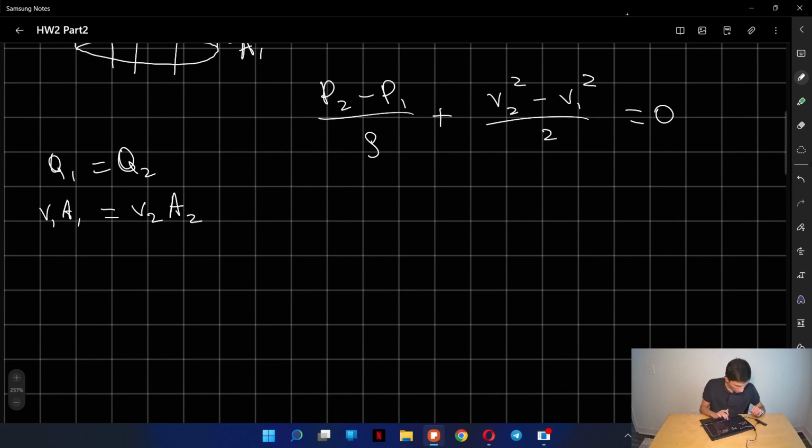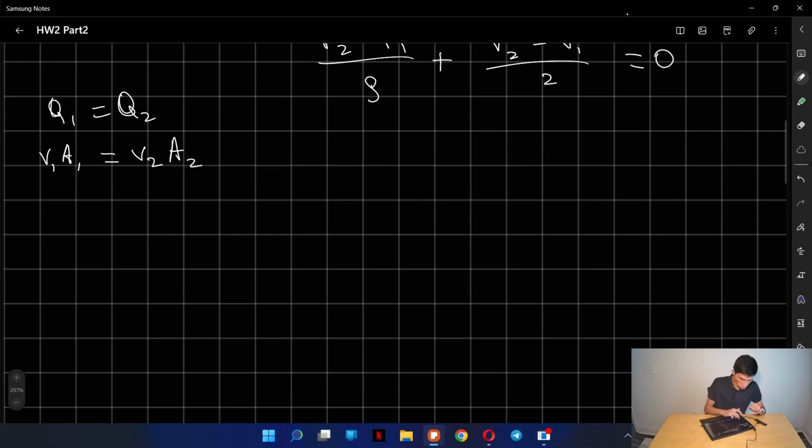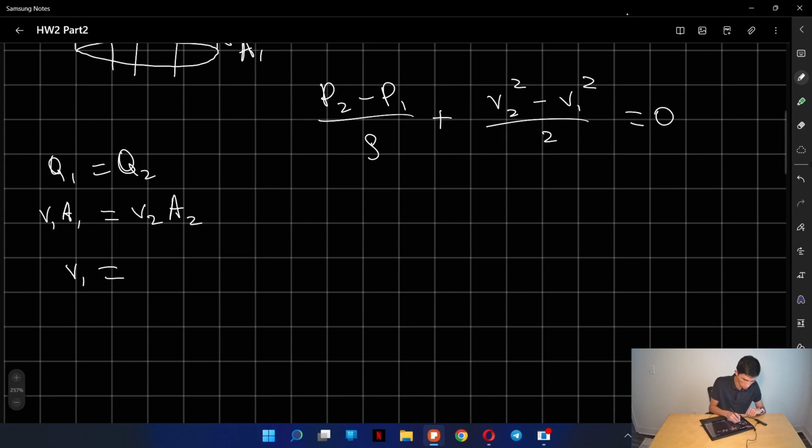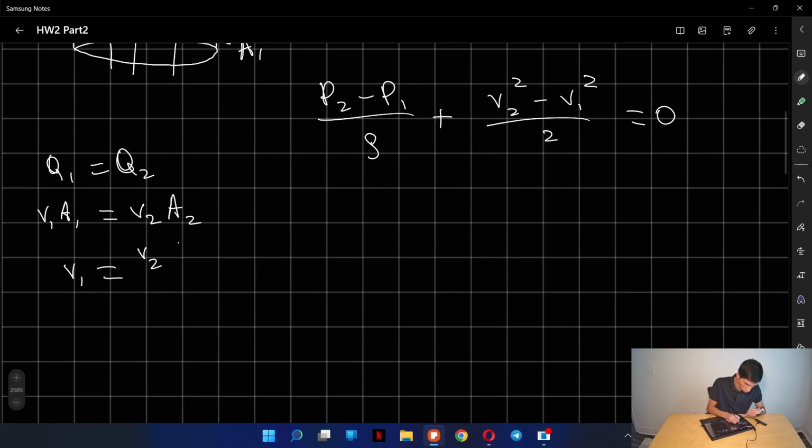Okay, and if I want to solve for V1 and replace it in our equation, the velocity at point 1 is going to be equal to velocity at point 2 times area at point 2 over area at point 1, right? So I'm going to take that and replace the velocity at point 1 in our Bernoulli equation.